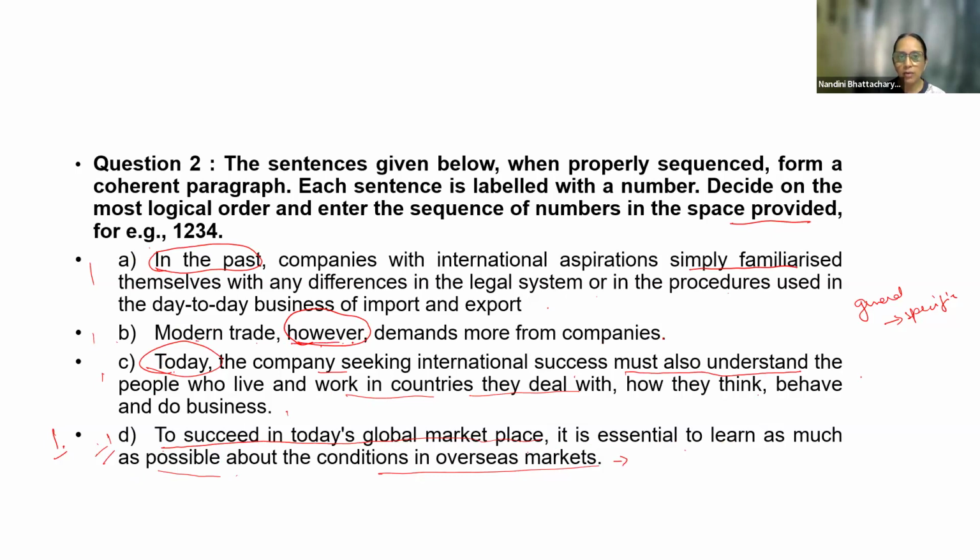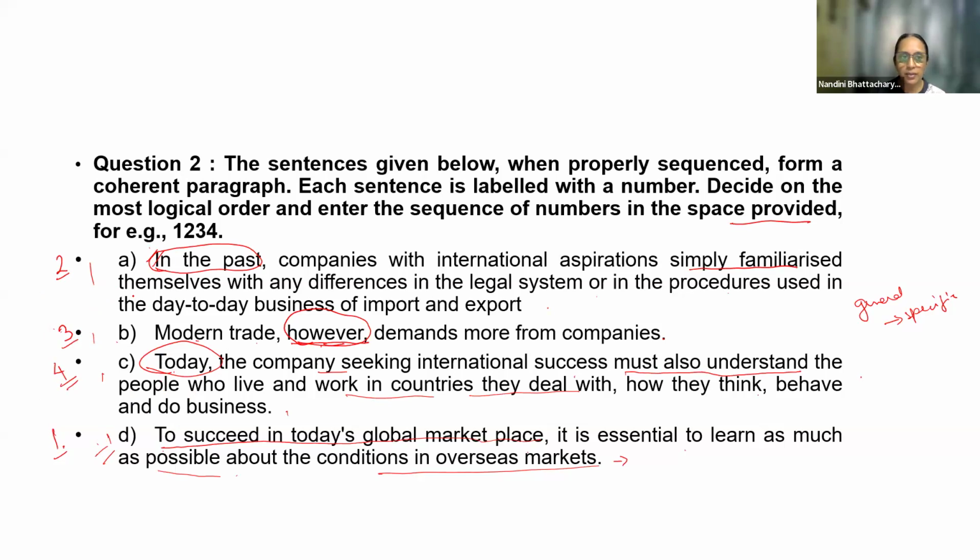That means previously it didn't demand much. So the previously will come in the past. So logically, this should be your sentence number 2. And out of these, what is sentence number 3 then? However, this should be sentence number 3. And what is left goes last.